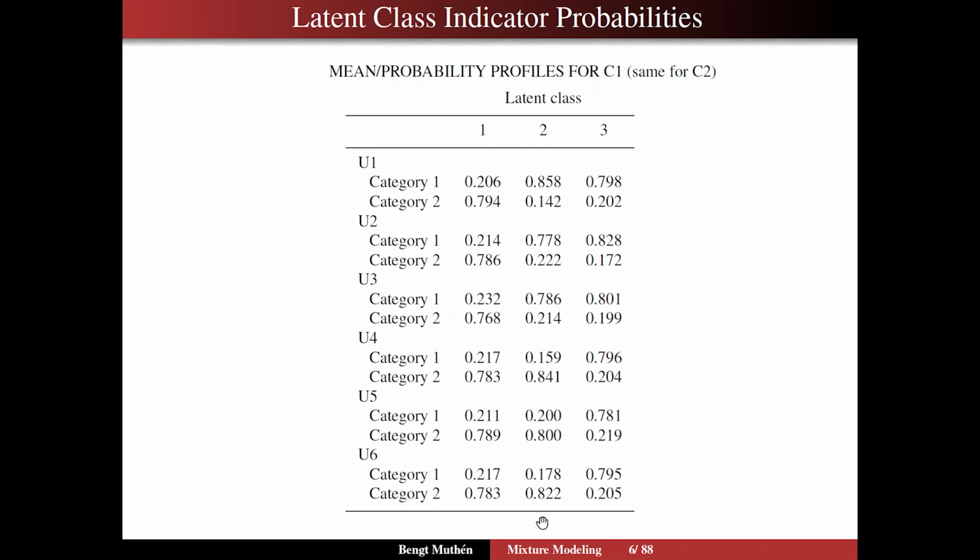So it's a low, high class. And the third class is low for all items. And in this case, class 3 turns out to be the most frequent. So that's the normative class, having a low probability of engaging in whatever behavior the U's refer to.